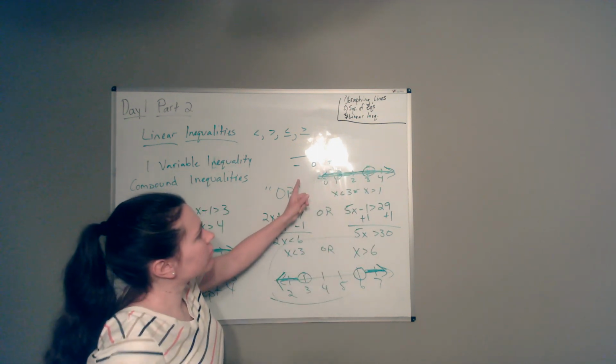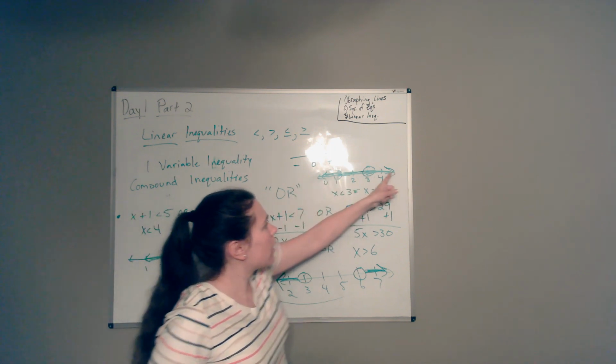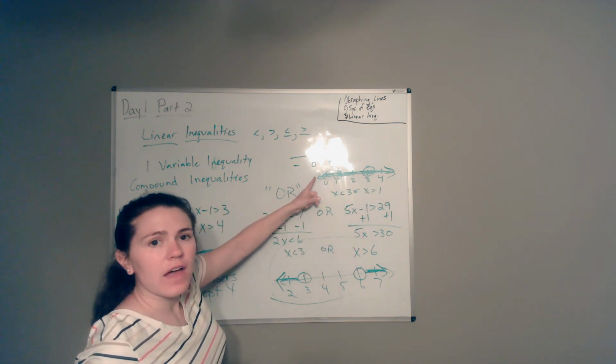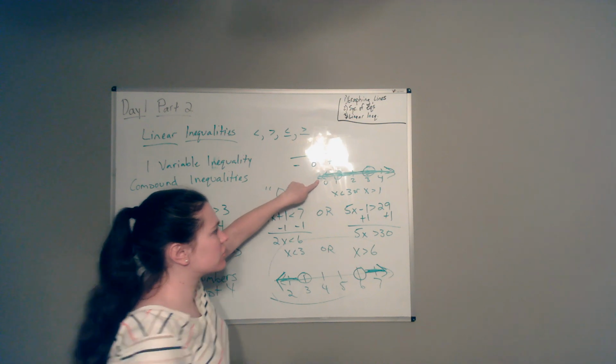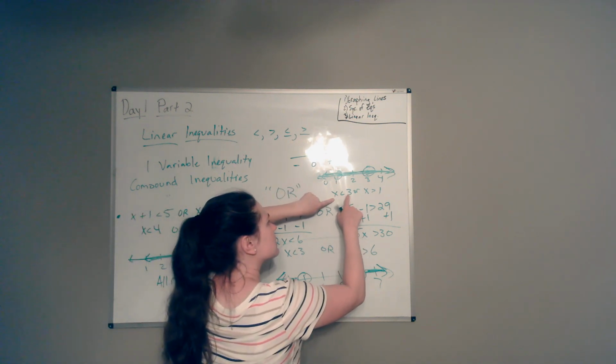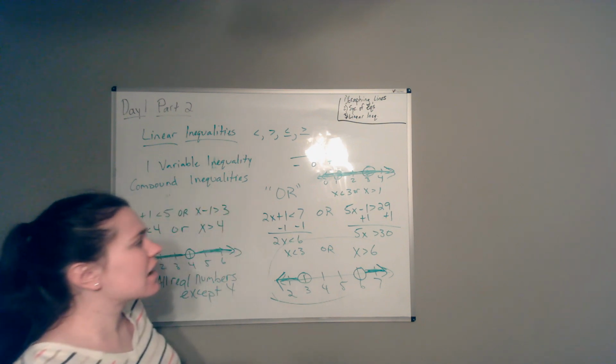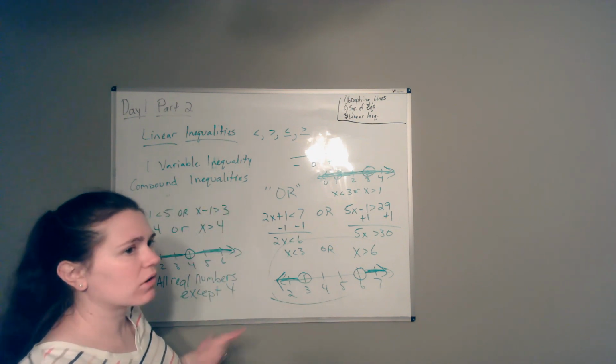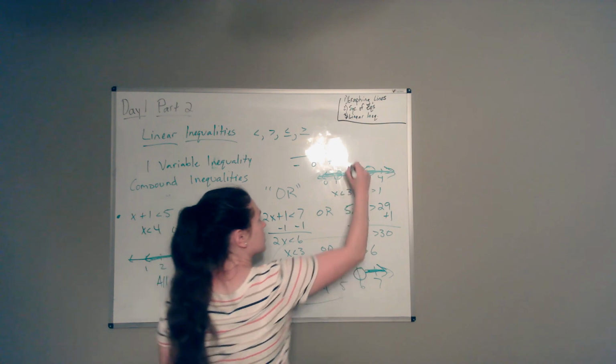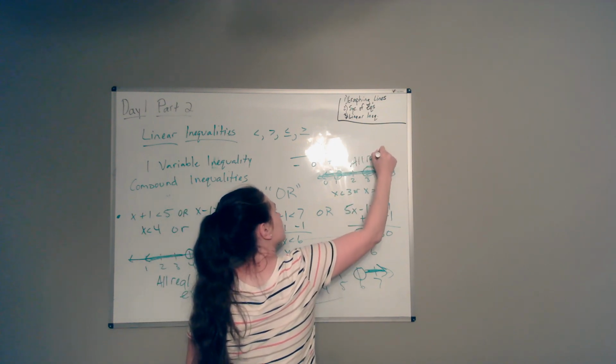Notice, you've covered all of your number line. There are no values that are not covered by one of these two. So saying x has to be less than 3 or x is greater than 1, there is no number that's not less than 3 or greater than 1. So this would be all real numbers when this happens.